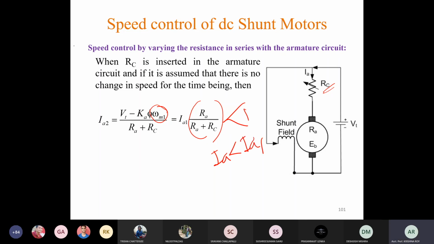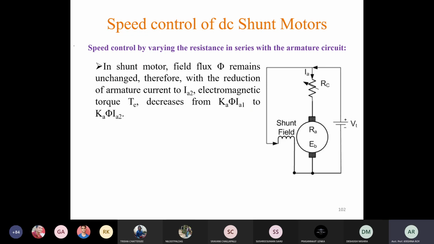So what will be its effect? Sorry, Ia2, what will be its effect? Its effect will be a reduction in the torque. Suppose when the armature current was Ia1, the torque was, see, this is not the load torque, this is the developed torque.